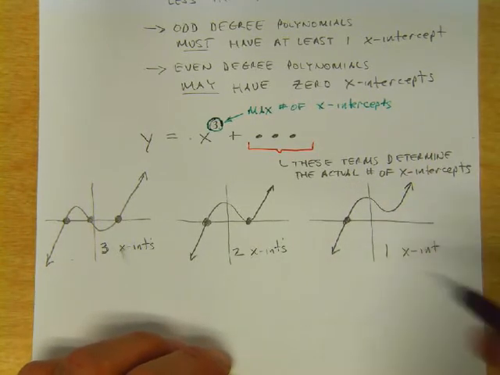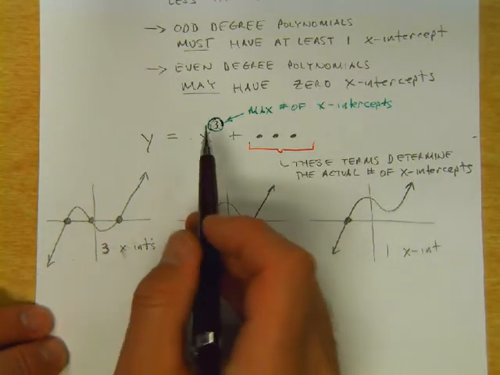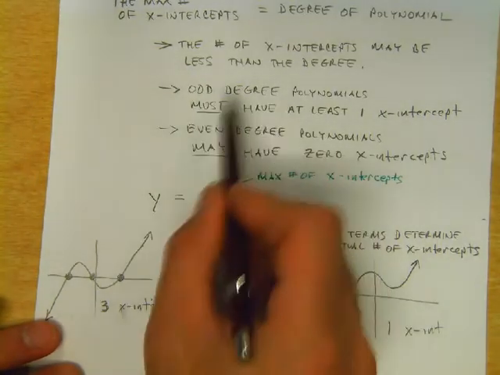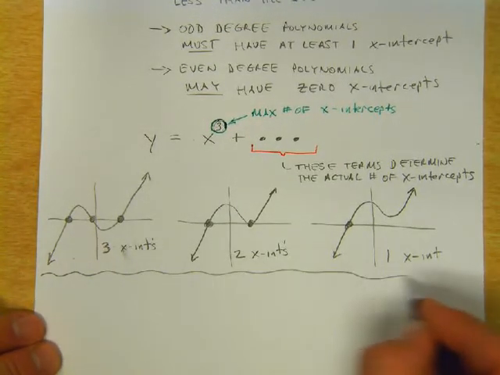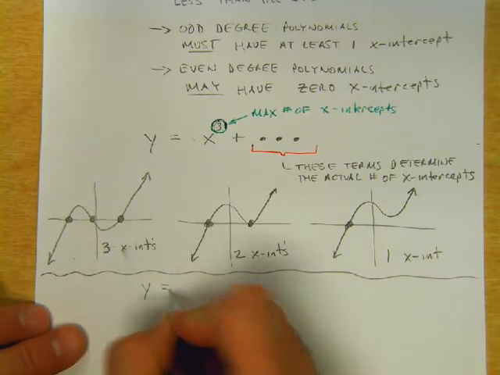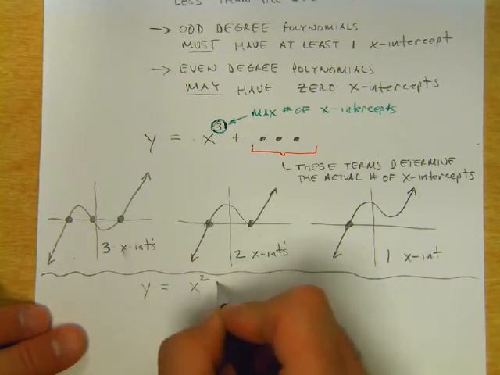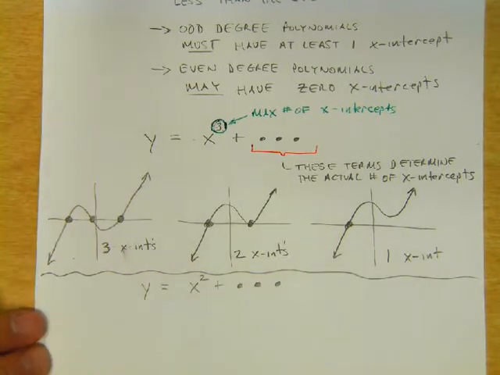Okay. Now, what if we had a polynomial that was y equals x squared plus some other terms? What are the possibilities?